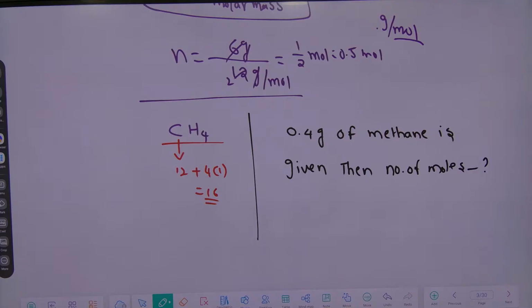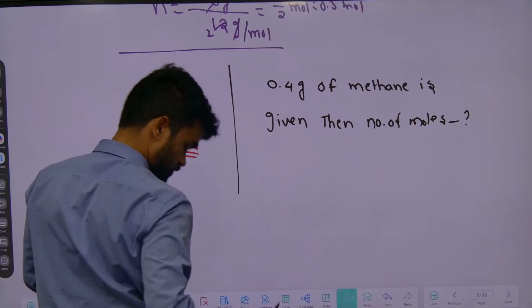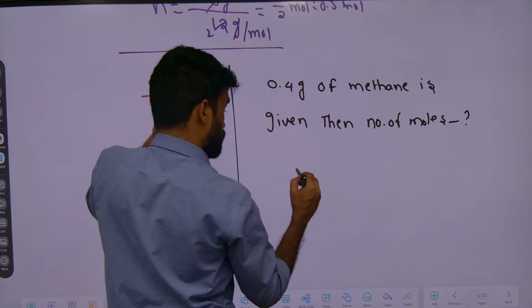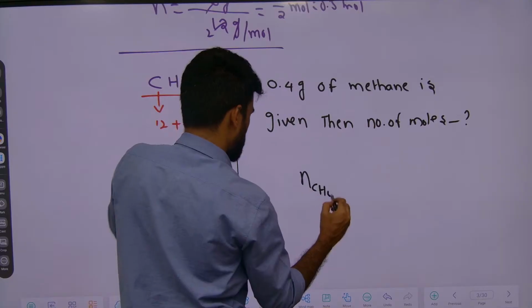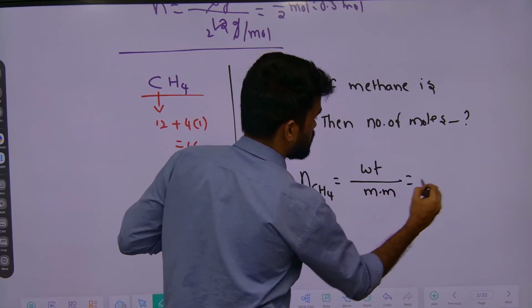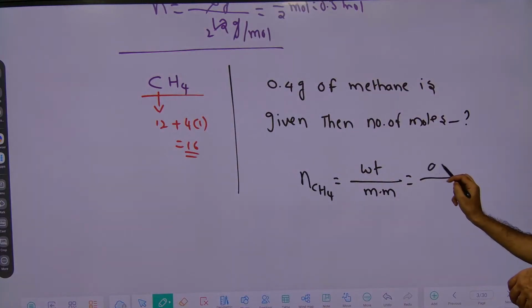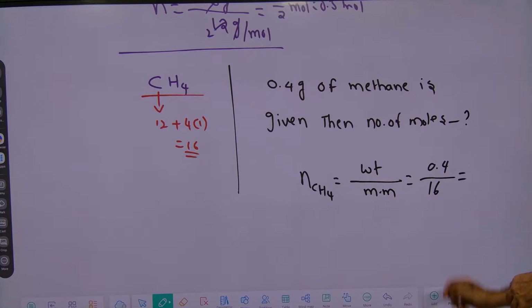Done? Yes. How to find? Number of moles of methane is equals to weight by molar mass. Yes, tell me. 0.4 by how much? 0.025.